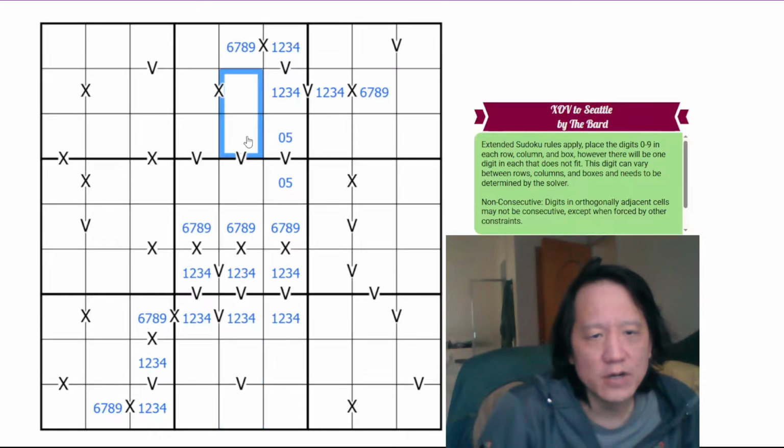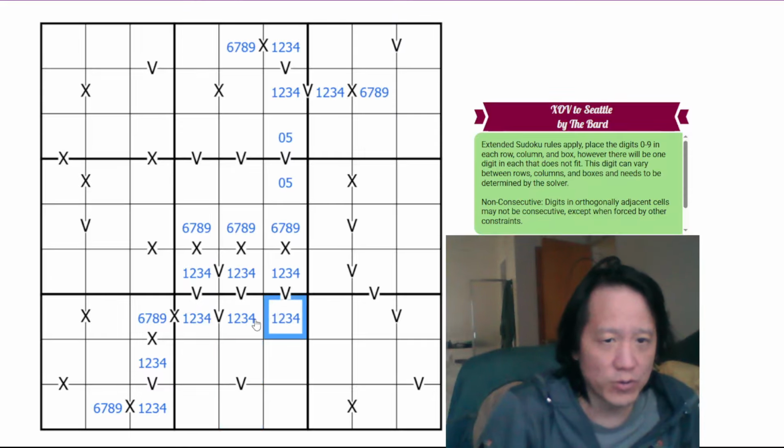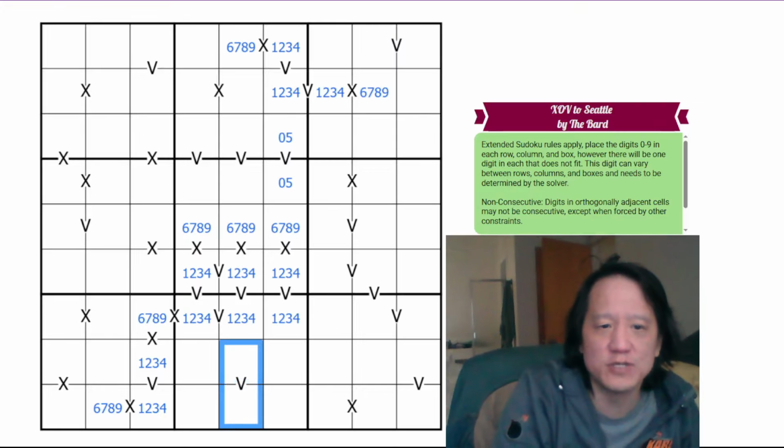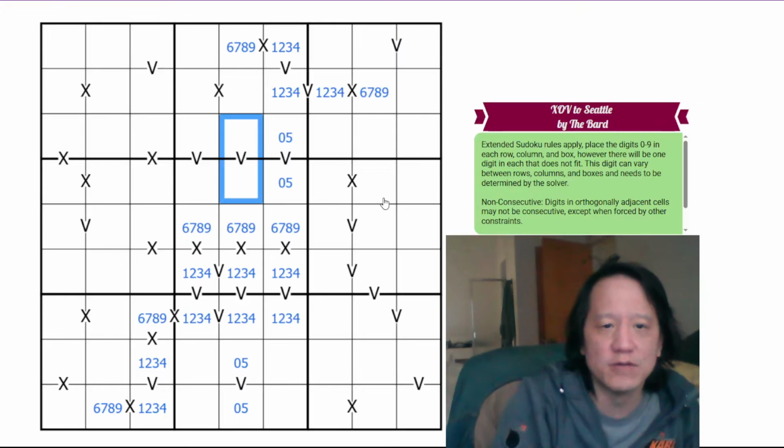Say this was a 1 through 4 set. We already have 3 1 through 4s in the box, so this cannot be the 1 through 4 set. This must be 0 through 5. This has to be then 1 through 4. We have 4 cells in box 5 which are 1 through 4, so this cannot be 1 through 4. This is 0 and 5.